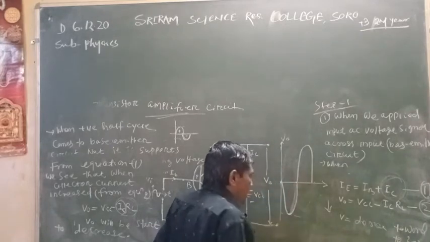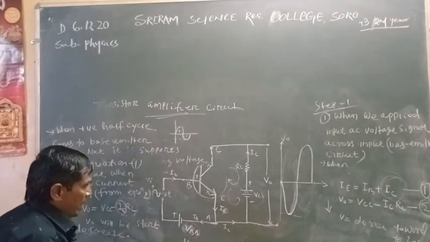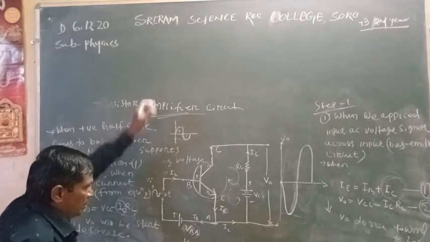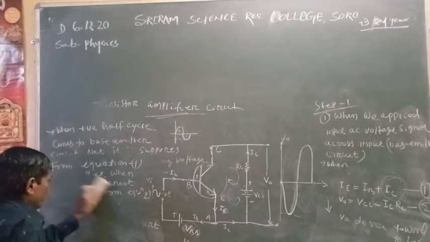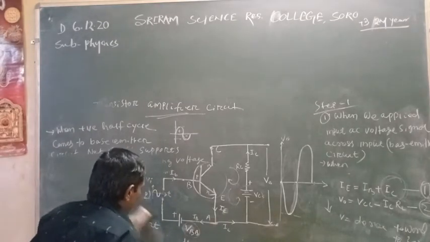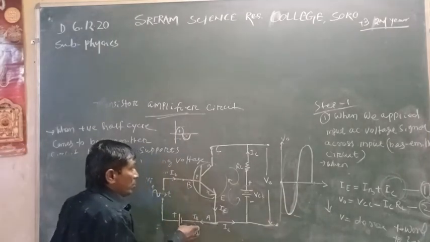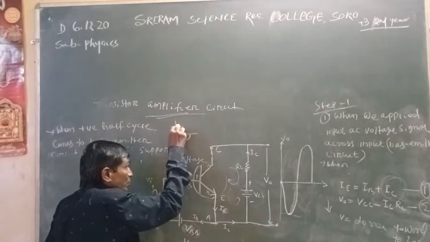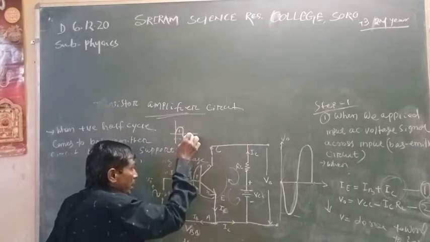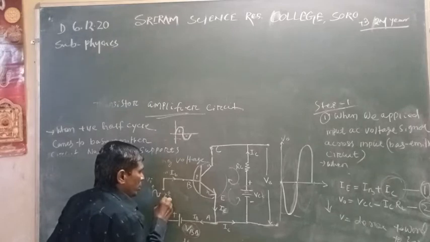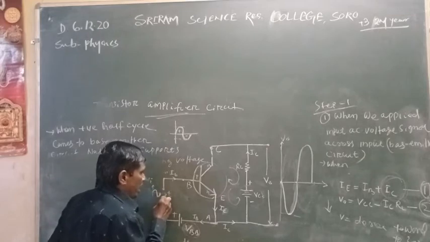Now again, consider the other part, the negative part of the input supply. When the input supply is applied to the base emitter connection, there are two components, the positive part and the negative part. The negative part comes and reaches the input point, this terminal.